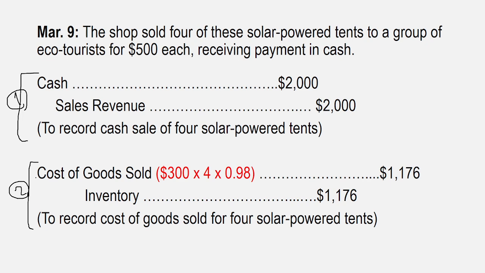And to calculate the cost of goods sold, they need to use the net cost per unit. In this case, the net cost per unit equals $300 multiplied by 98%, and the 4 is the amount of selling. Finally, the result of this multiplication equals 1,176, which is the total cost of goods sold. So cost of goods sold is increased, and an increase in cost of goods sold is considered a debit.